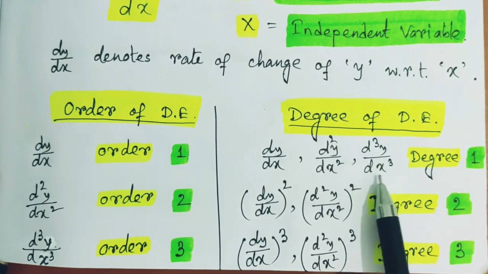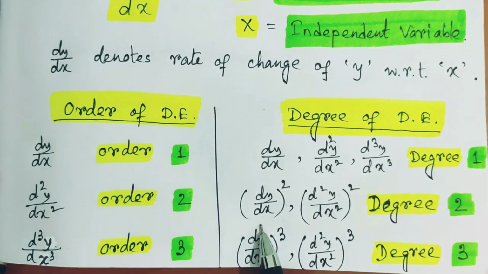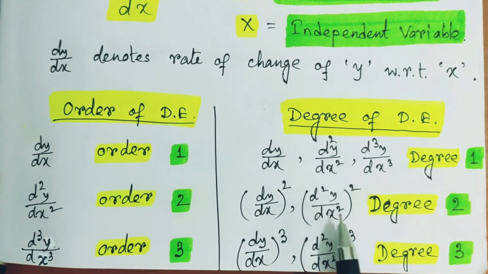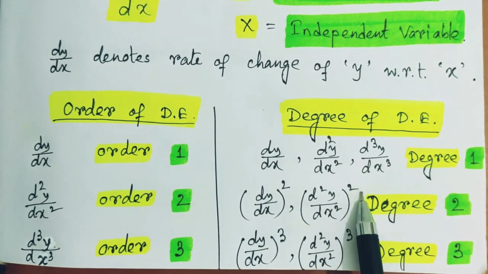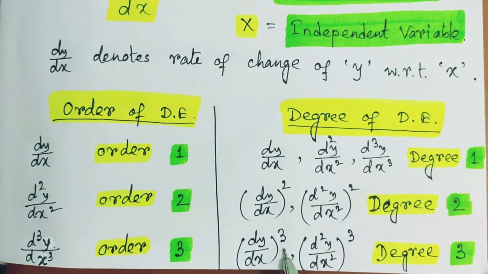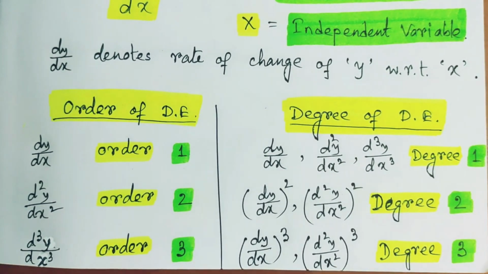And d cube y by dx cube, its degree is also 1. If it is dy by dx its whole square, then its degree is 2. d square y by dx square its whole square, then its degree is 2. Similarly, dy/dx its whole cube means degree should be 3 in the given differential equation.